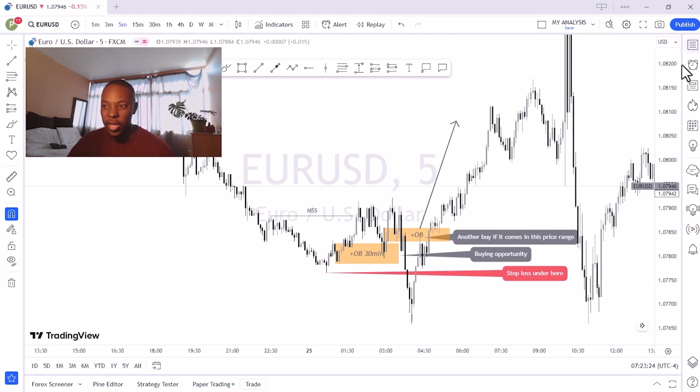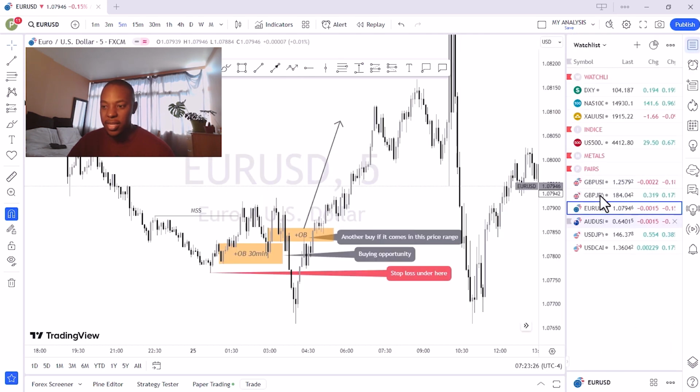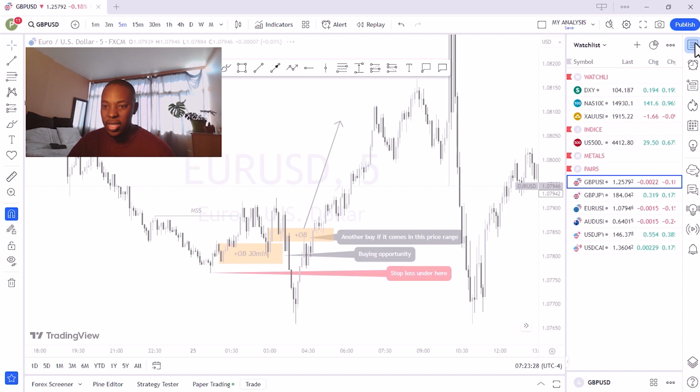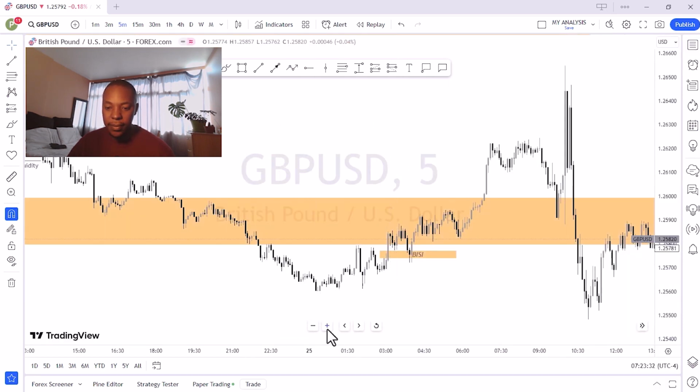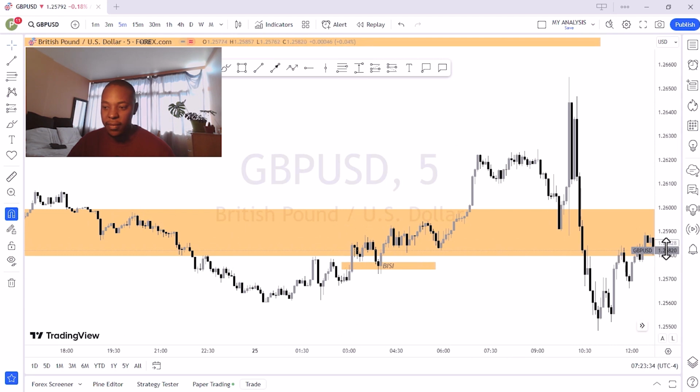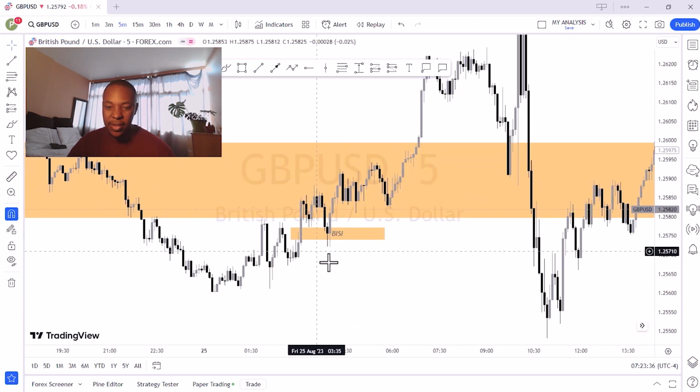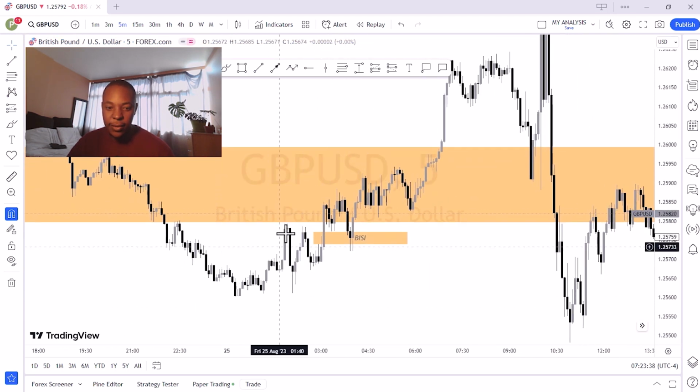So with the second trade, I had similar setups with the Euro USD and the GBP, with the GBP being the stronger one. We didn't have that spike to the downside. As you can see, we had this market structure shift here.